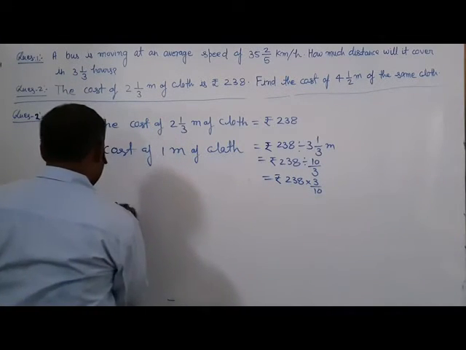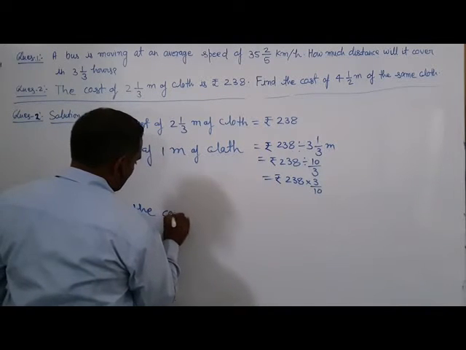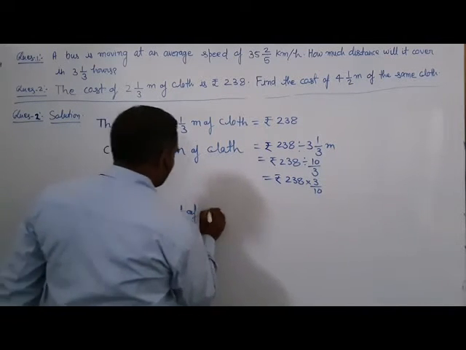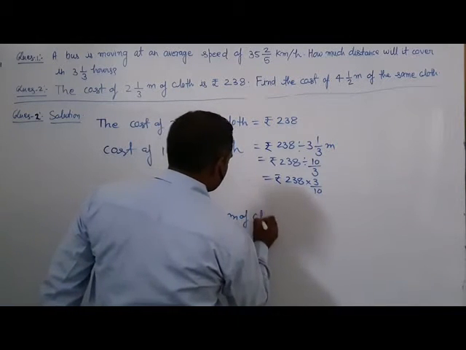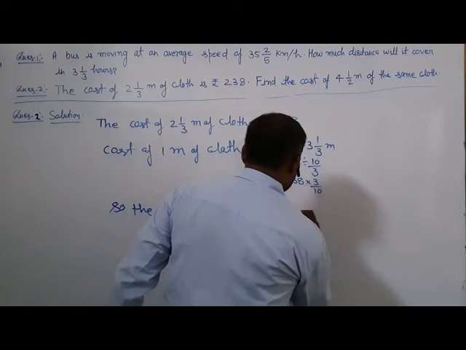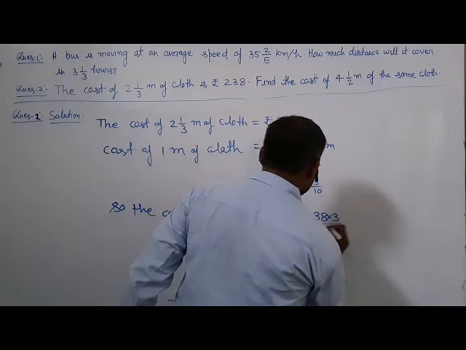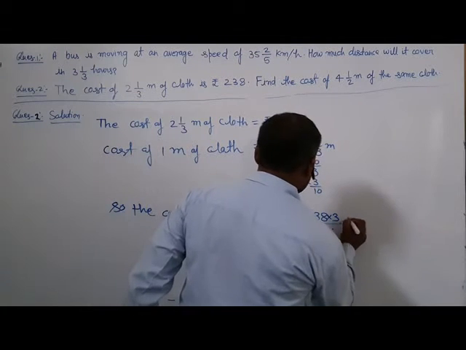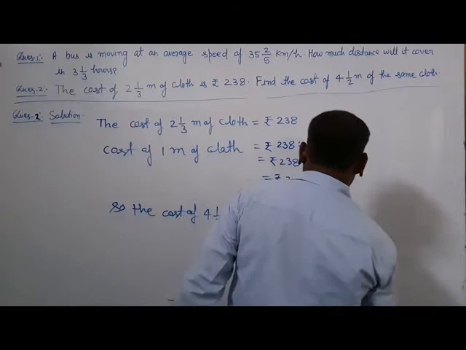So the cost of 4 1/2 meter of cloth is rupees 238 into 3/7 into 4 1/2.